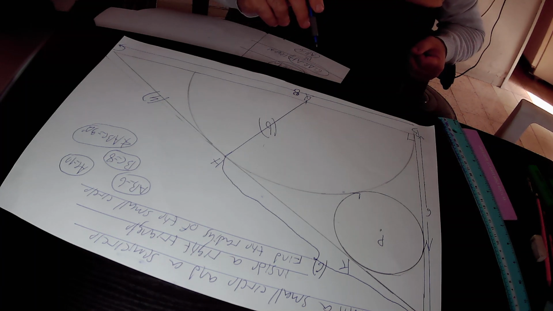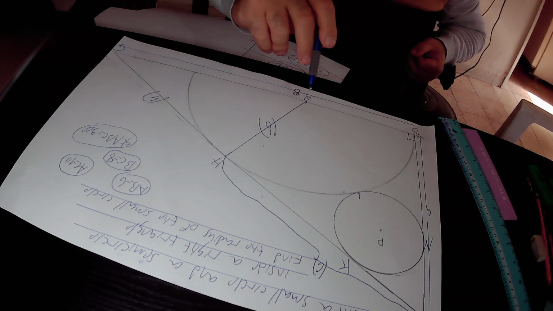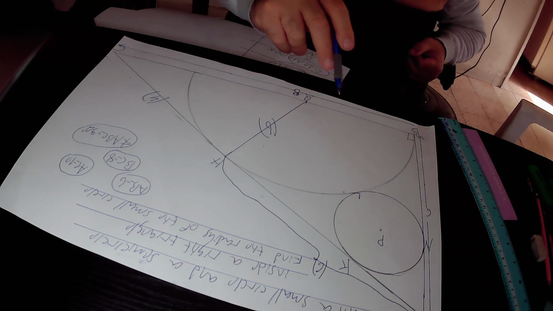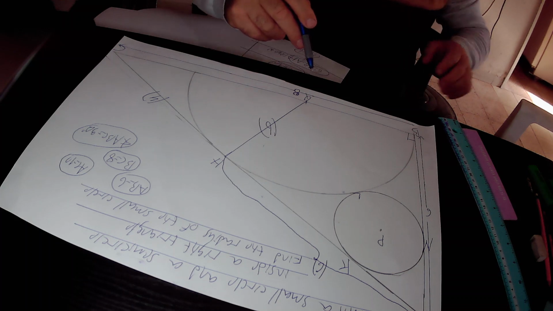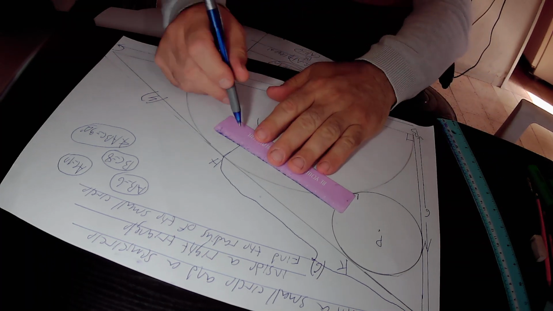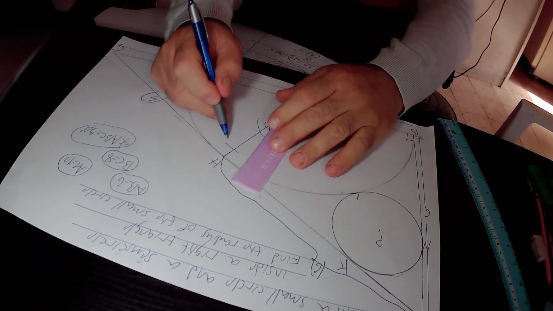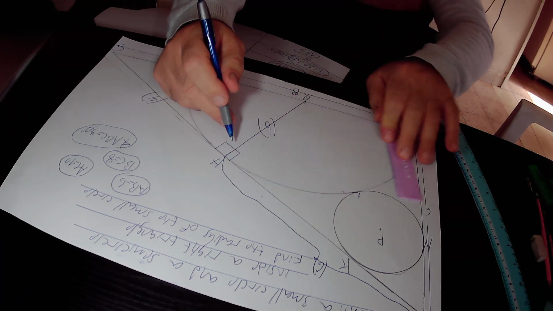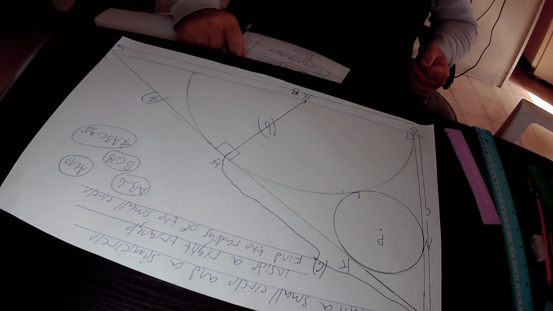And whenever you have a radius drawn to the point of tangency, then tangent AC will be perpendicular to the radius HQ. If AC is perpendicular to HQ, it means that this angle equals 90 degrees, and this angle also equals 90 degrees according to rule 1.